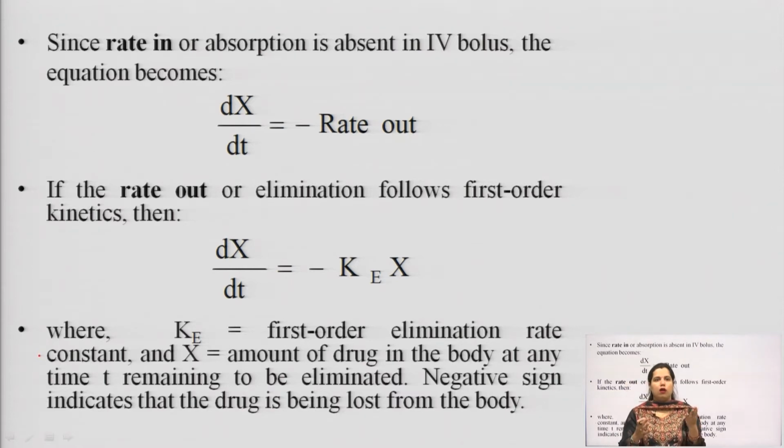Replacing the rate out with first order kinetics, we have the first order elimination rate constant and x, the amount remaining to be eliminated, because the drug has already entered the blood circulation and, immediately or slowly depending on the drug's nature, it will be eliminated from the system.